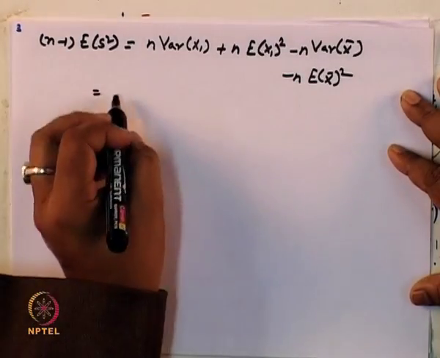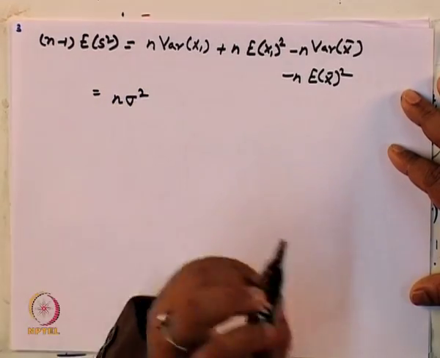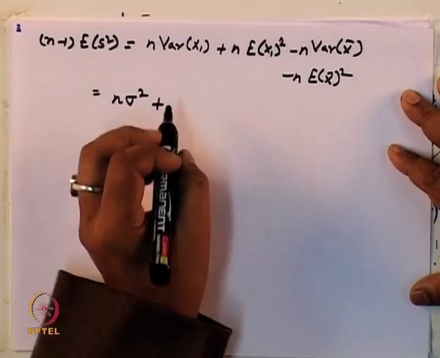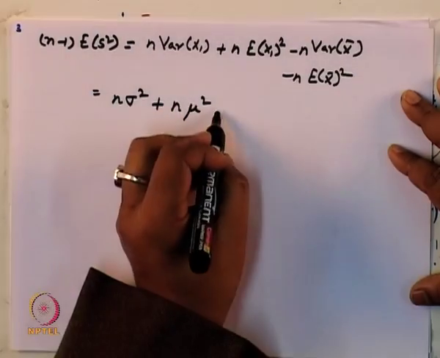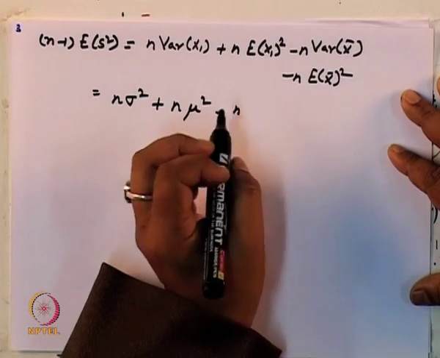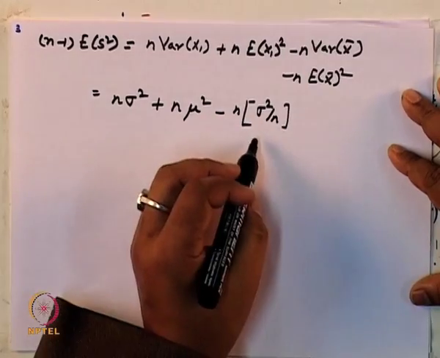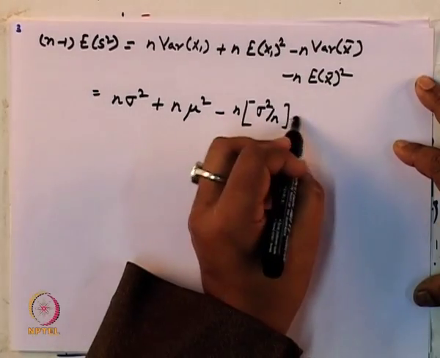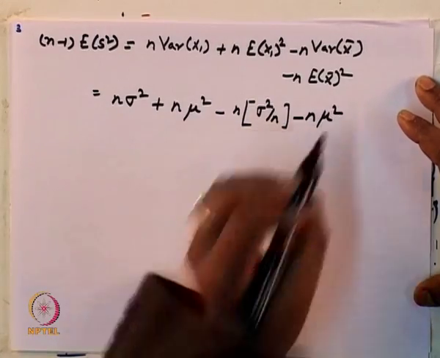I can simplify this: the variance of x1 is sigma square, E of x1 is mu, so you have n mu square. The variance of x bar is sigma square by n, which we derived, and E of x bar is simply mu, so minus n mu square.